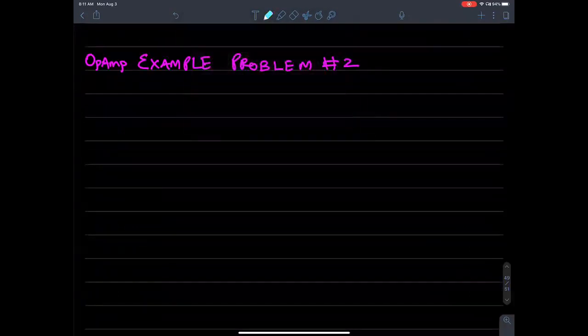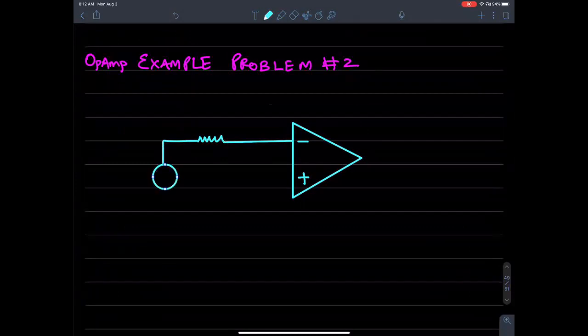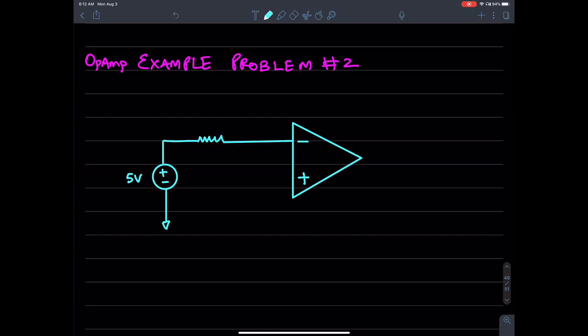The problem is there is an op amp, with its negative terminal and its positive terminal. On the negative terminal, a voltage is applied, plus or minus 5 volts, and that's the ground.